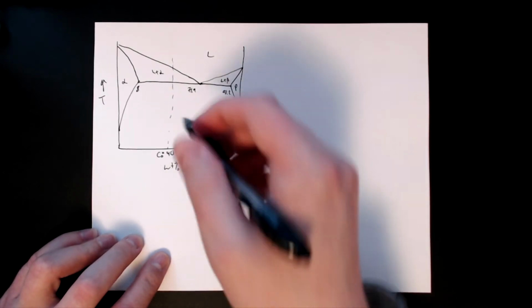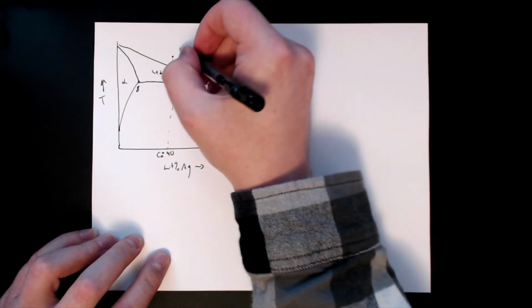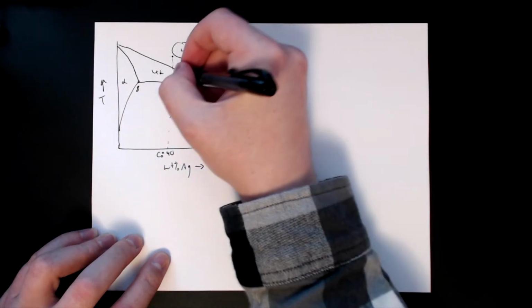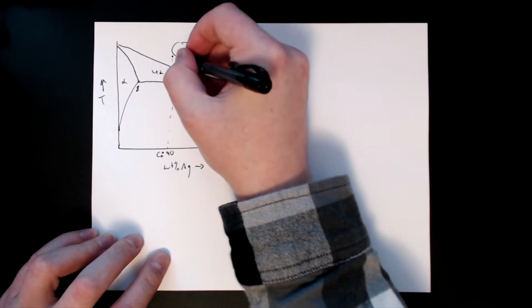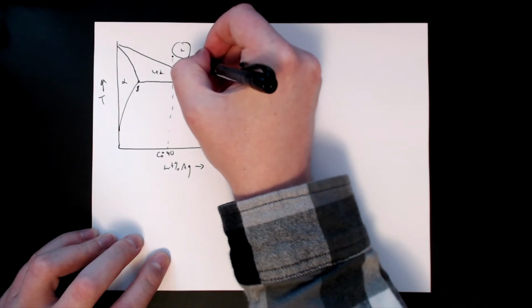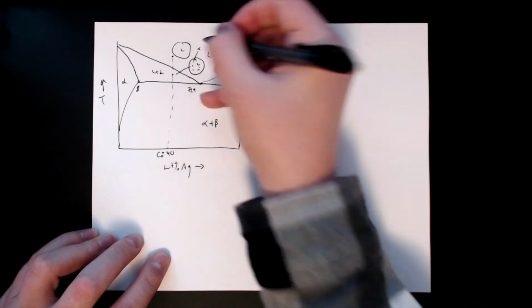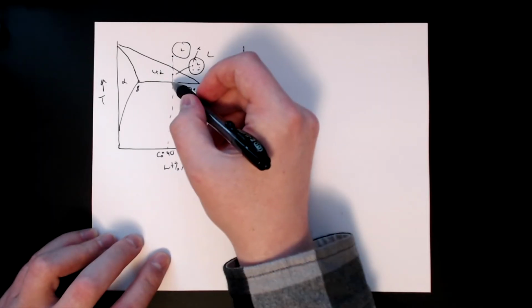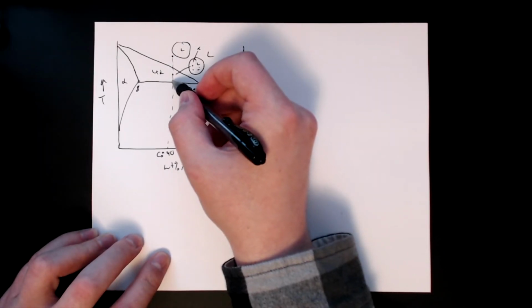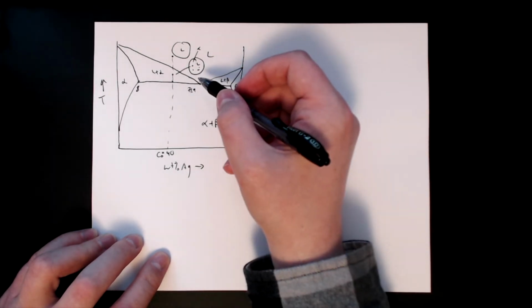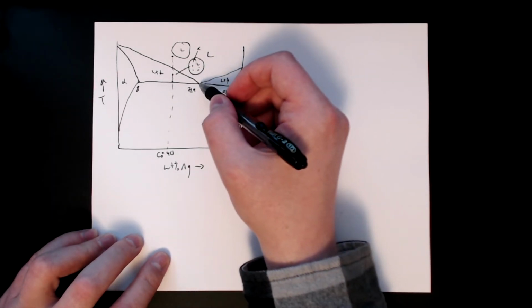So again, if we went up here, this is all liquid. Then in this region, we have liquid, but we start to form alpha particles. And we form that up until just above the eutectic, at which point we form the eutectic solid.